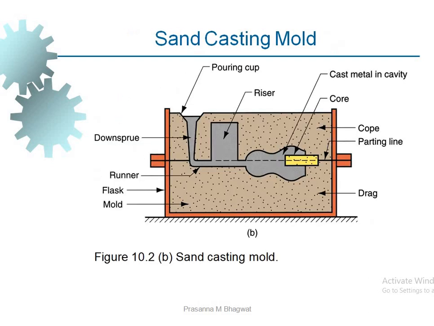That means if you want to make such a casting, you have the same shape of pattern, and around this pattern the sand is rammed tightly, and after that the pattern is removed so that you have that particular cavity of the shape of the pattern inside the mold.